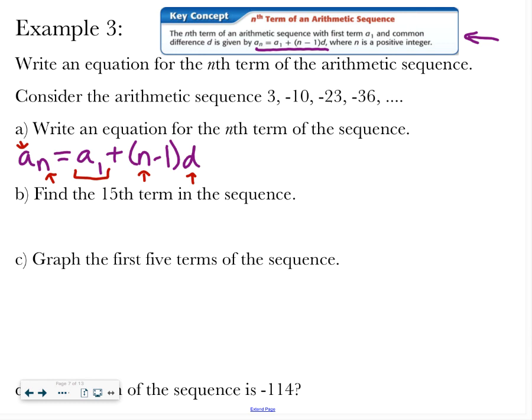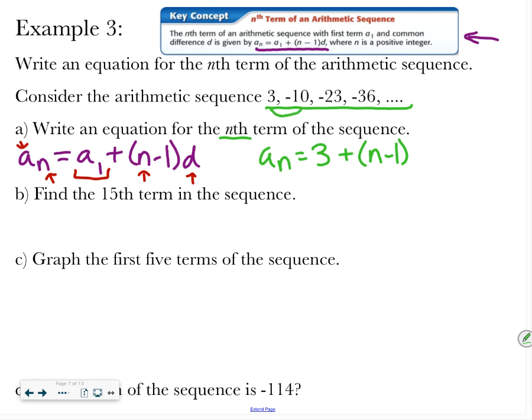So if we want to write an equation for the nth term of the sequence, let's try that. We have a sub n equals, our first term is 3 plus n minus 1. And then what is our d? We need to find how our numbers are changing.